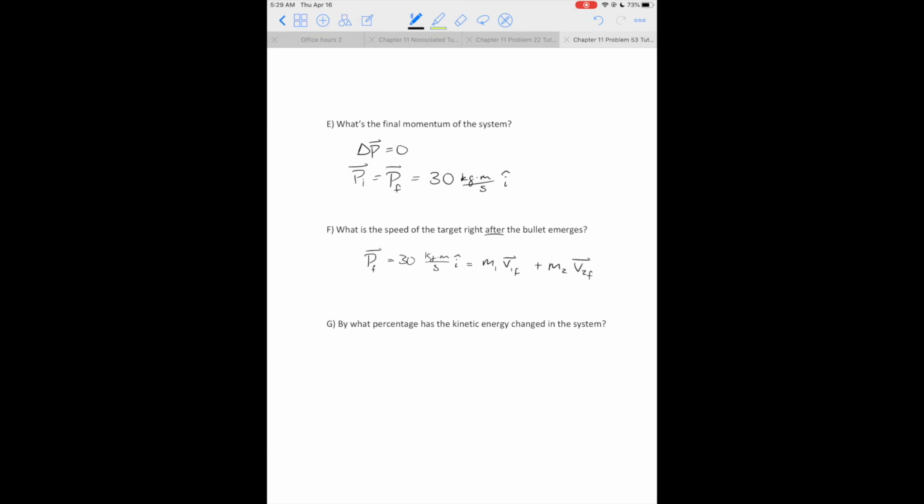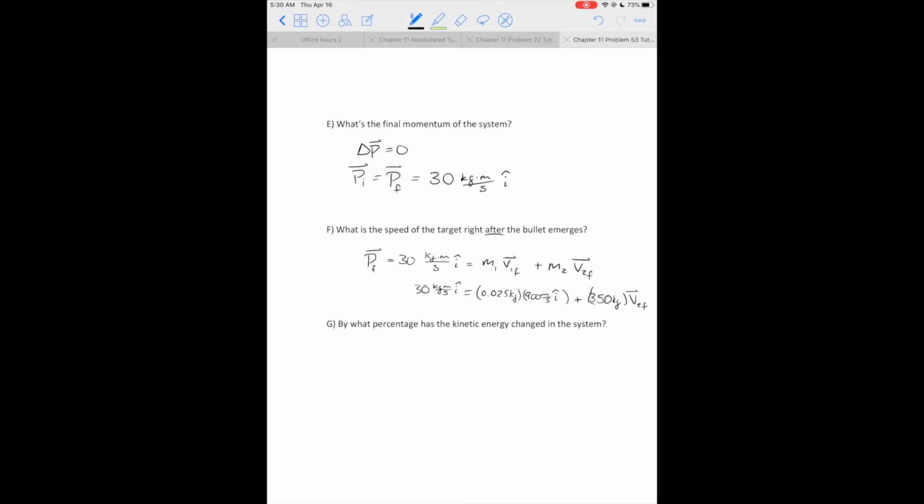We know that m1 is 0.025 kilograms, our v1f is 900 meters per second in the I-hat direction, and we know that m2 is 350 kilograms. So we can now start to solve for v2f, setting all this equal to 30 kilogram meters per second in the I-hat direction.